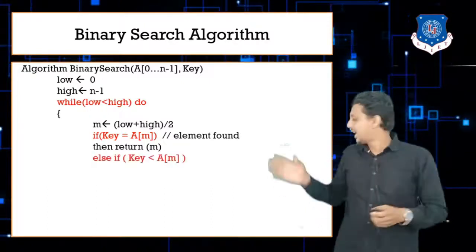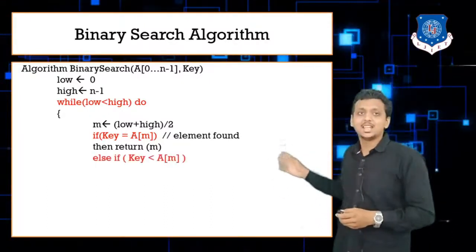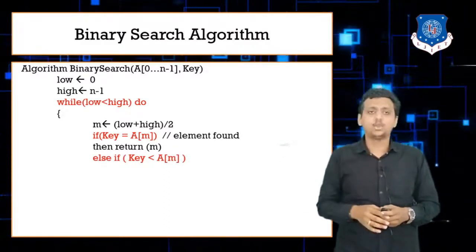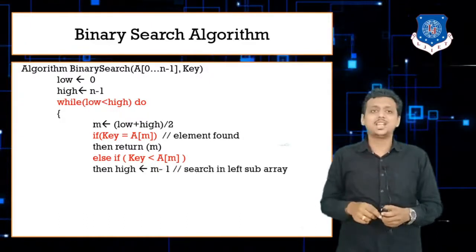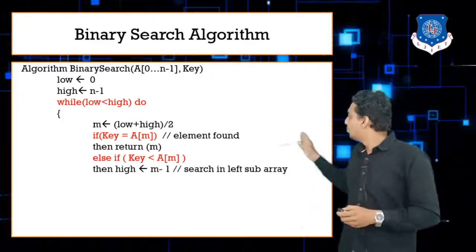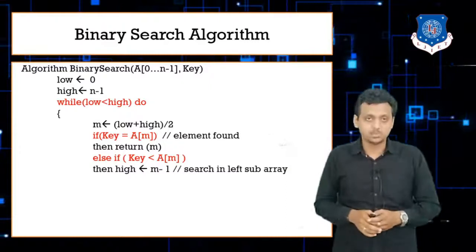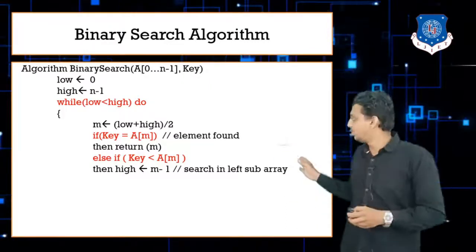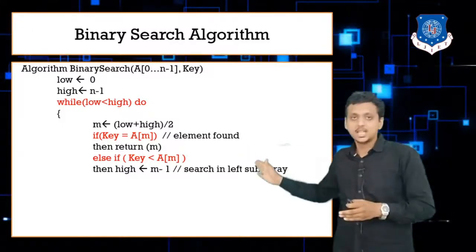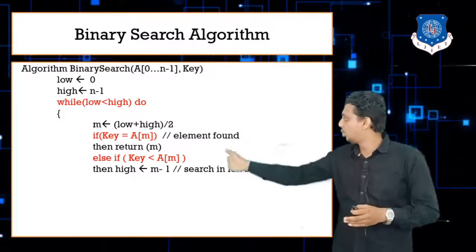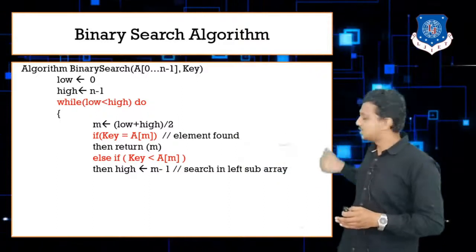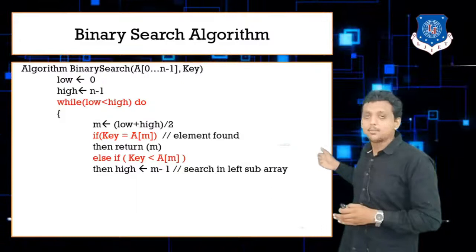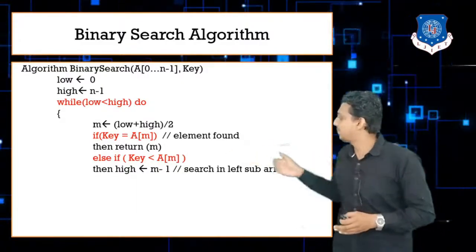Else if key is less than a of m, then what to do? See students, if the key is less than a of m, then you need to move high to m minus 1, because we need to search in the left part. Just imagine a situation, if this is your low, this is your mid, this is your high, then if your key is less than a of m, that means you need to search in the left part.